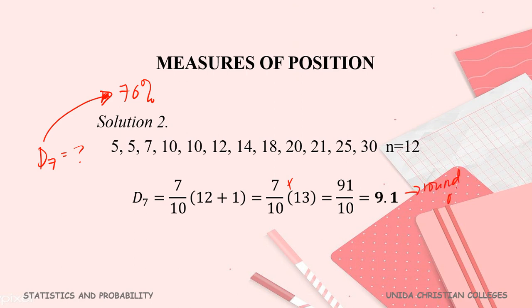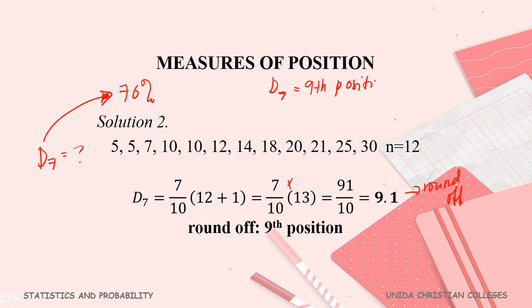After nyan, round off. So, the position of your 7th decile is equal to 9th position. After nyan, nakuha mo na yung position, count mo para makuha mo naman ngayon yung value. So, you have 1, 2, 3, 4, 5, 6, 7, 8, 9.